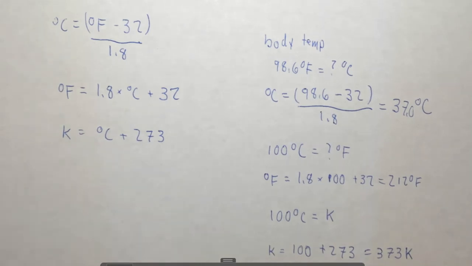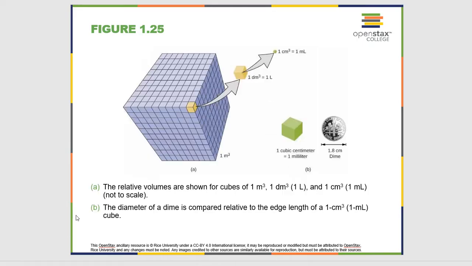Another unit of measure is volume. Volume is a unit of measure that we commonly use in chemistry. And volume is a three-dimensional space. So if you take a 1 centimeter by 1 centimeter by 1 centimeter cube, you would actually have a milliliter.